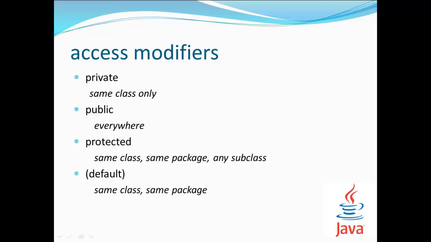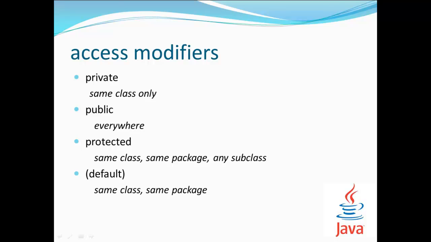Access modifiers. Access modifiers specify who can access them. There are 4 access modifiers used in Java. They are public, private, protected, and no modifier, declaring without an access modifier.